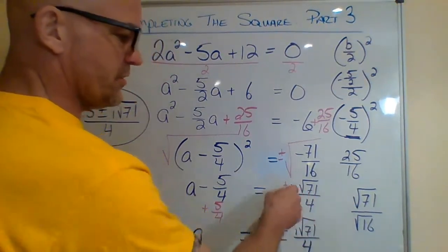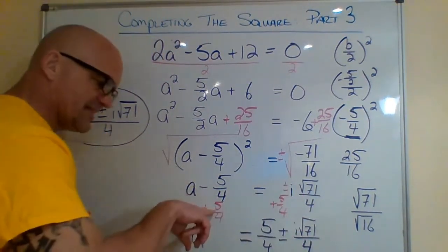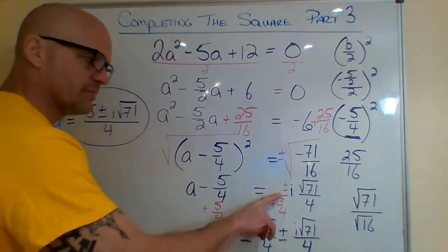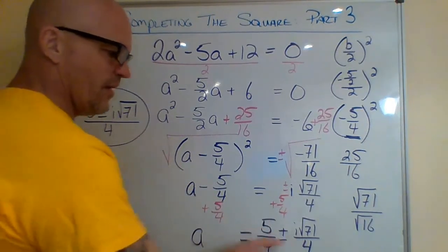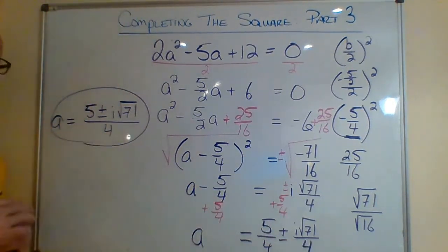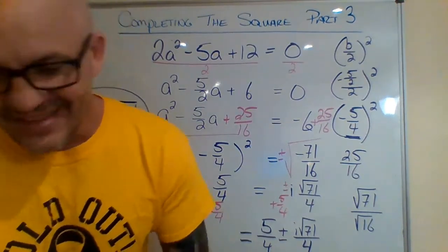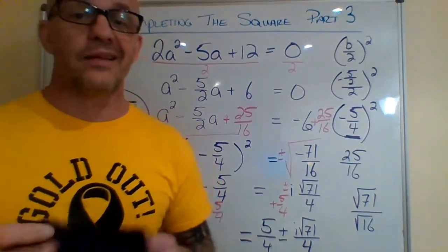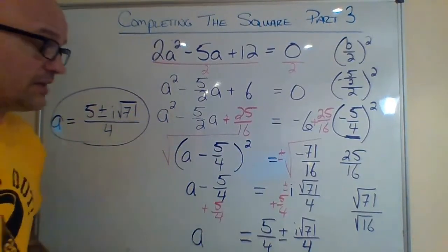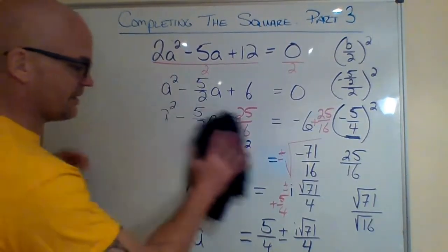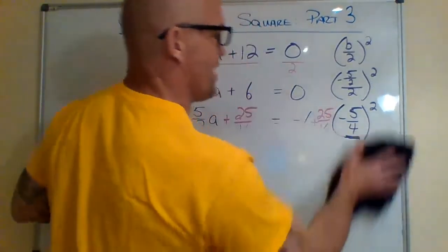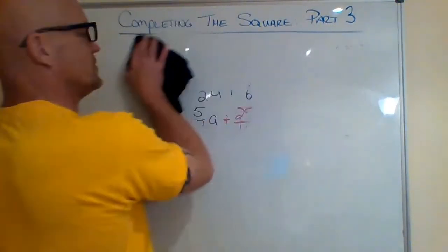Root 71 didn't reduce. It stayed put. Last step is to add that 5/4. That comes over. That's ugly. They're both over 4. Might as well make it one big happy fraction. Fun, huh? The nice thing is it looks a lot uglier than it really is because we've been going step by step. So it's impressive math, even though it's not that difficult to do.